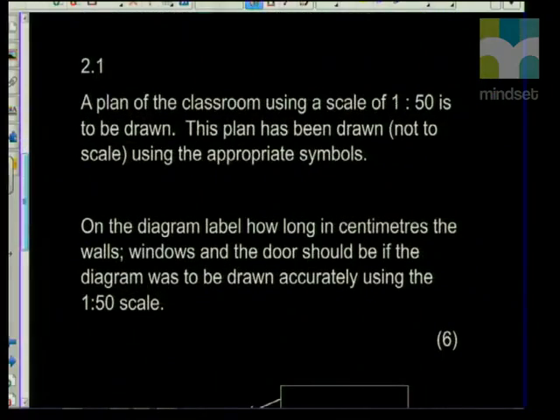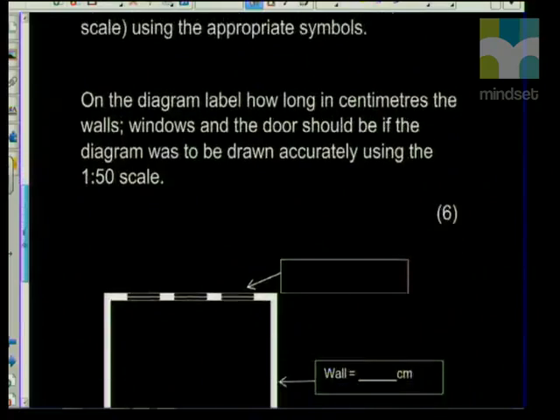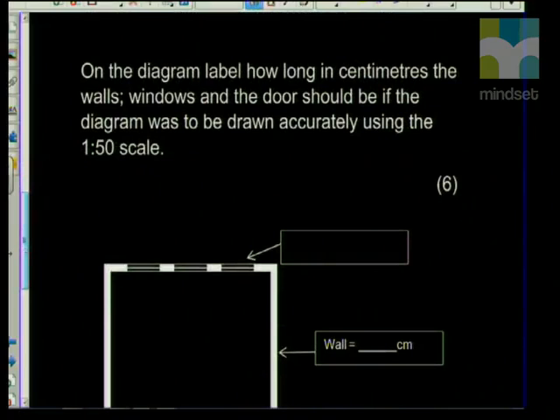A plan of the classroom using a scale of 1 to 50 is to be drawn. The plan has been drawn not to scale, using appropriate symbols. On the diagram, label how long in centimeters the walls, windows and door should be if there was a diagram drawn accurately using a 1 to 50 scale.